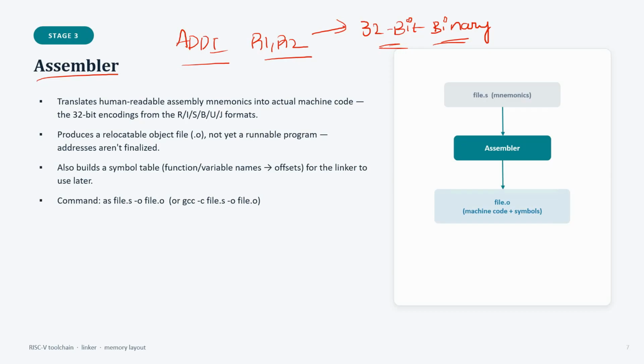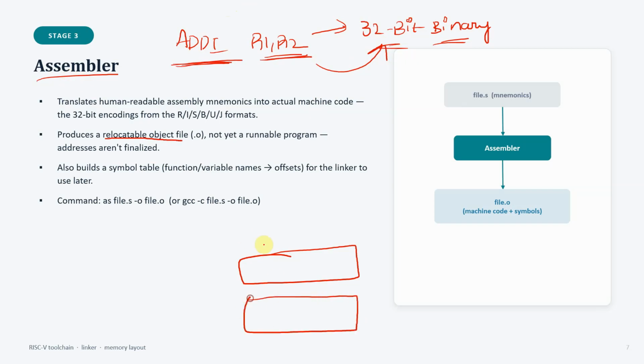And it is going to generate one particular file which is known as the .o file, and it is known as a relocatable object file, and it is not yet executable. Whatever binary instructions my assembler generates from the human understandable instructions, those should be given some kind of addresses.